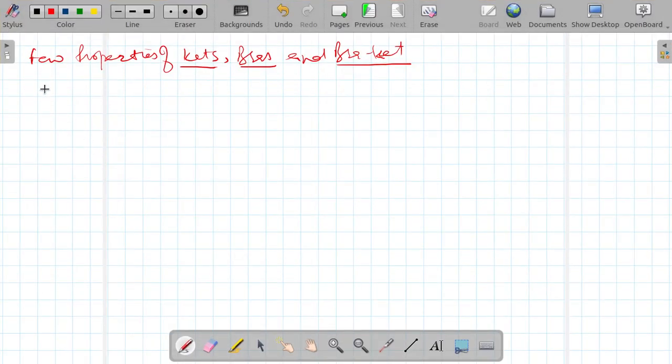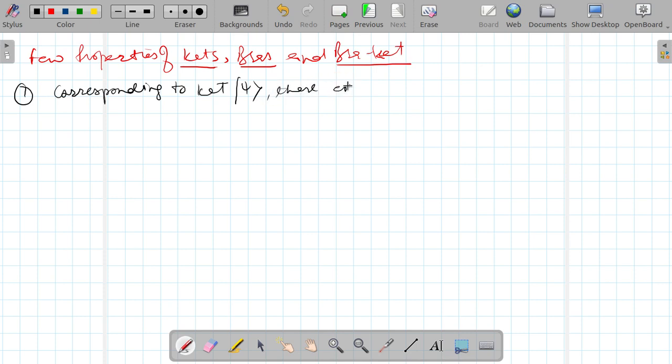The first property is a very important property. Corresponding to ket psi there exists a unique bra psi.